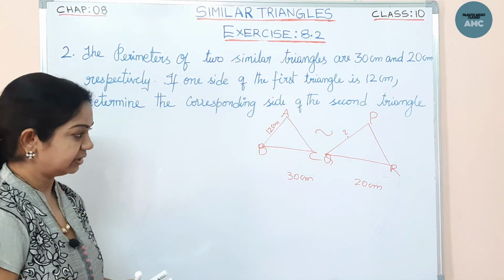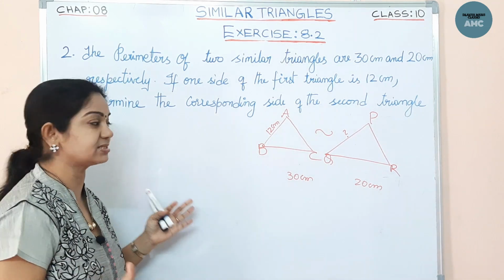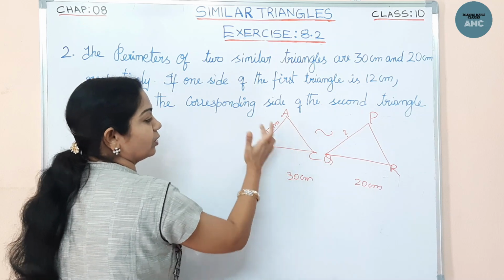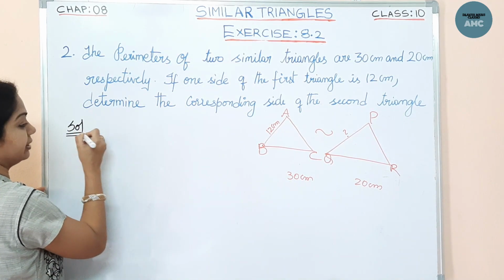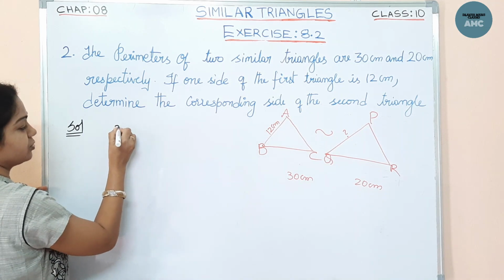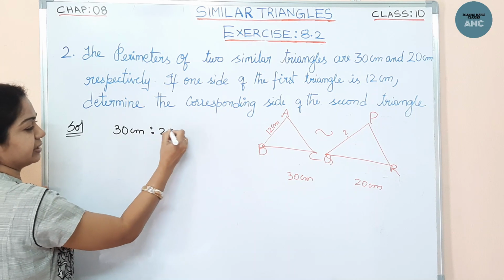Now, we will be equating these perimeters. The perimeters are 30 centimeters to 20 centimeters.